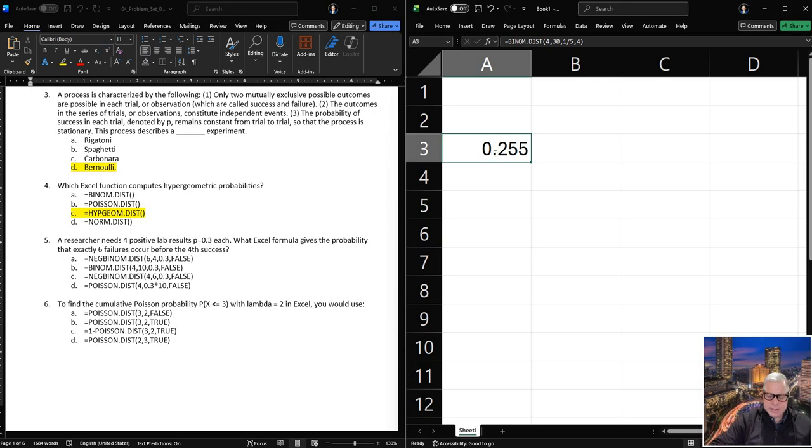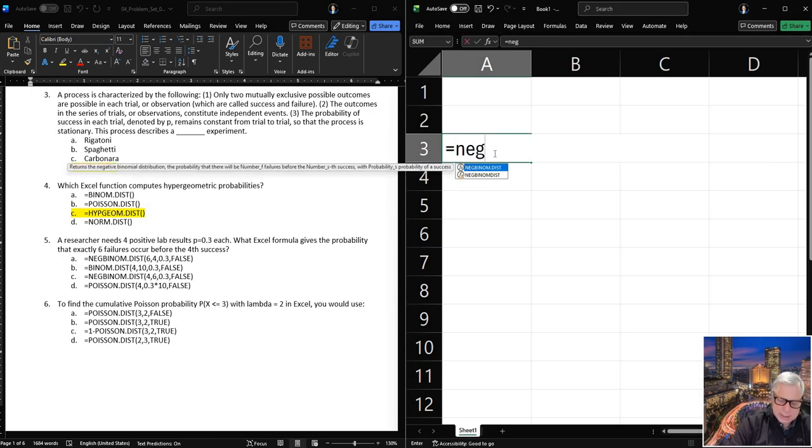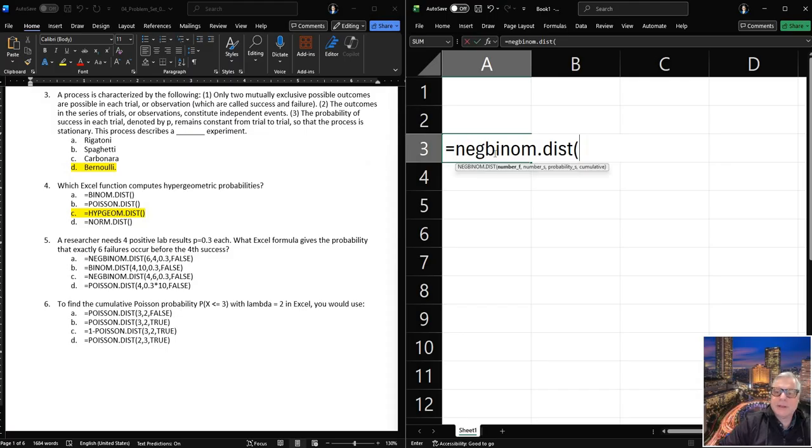Good thing is we can double check in Excel, neg binom.dist, open parentheses, number of failures, exactly 6, before we have 4 successes, when the success probability is 0.3.